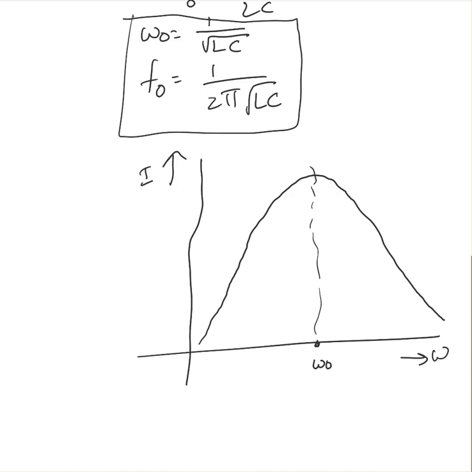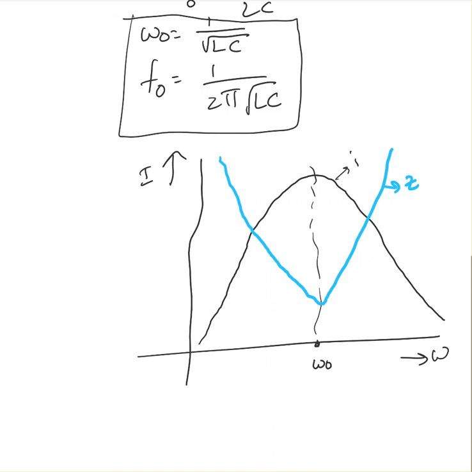At the same time, if you draw a graph for impedance in an RLC series circuit, what happens? At resonant frequency, you will see the lowest impedance. So this is impedance and this is current. My apology, that's current. So at resonant frequency, you will see maximum current passing through the circuit.